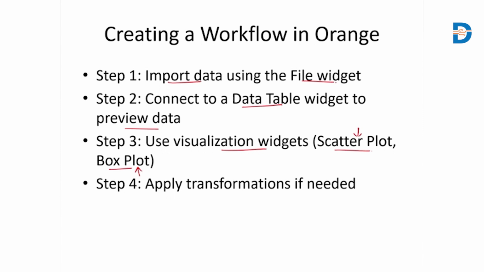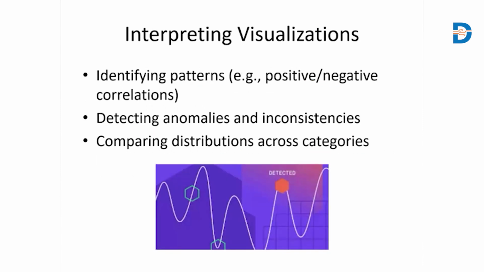If you want to find the relationship between the data, you can make use of scatter plots. If you want to detect the outliers, you can make use of box plots. Then in step 4, we can apply transformations if needed. Then after connecting those, after the visualizations, we'll be interpreting the visualizations. From that, we'll identify different patterns, whether they are positively or negatively correlated, whether we have different outliers.